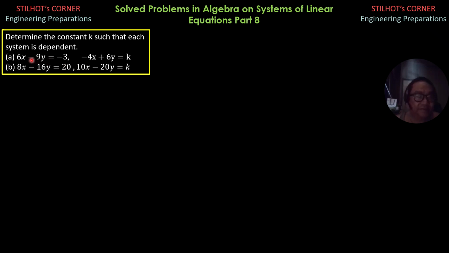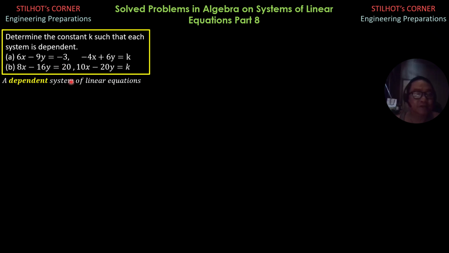So to do that, we multiply equation 1 by negative 2/3, so that 6x times negative 2/3 is negative 4x, negative 9y times negative 2/3 is positive 6y, and negative 3 times negative 2/3 is positive 2. So again, equation A after multiplying by negative 2/3 becomes negative 4x plus 6y equals 2.